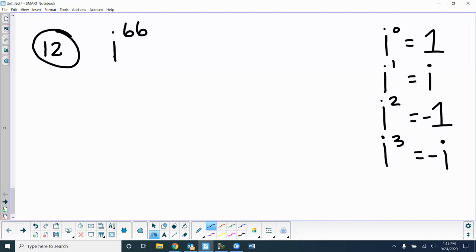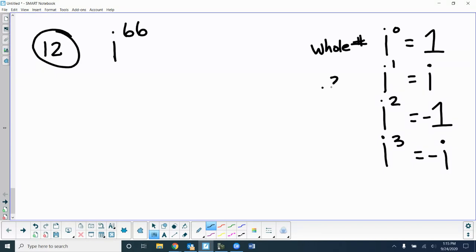Now, if you've got other numbers times it or divide it into it, you're going to have to do some more work. But this one was just an i. Now, if you're doing long division, you look for a remainder of 0, 1, 2, or 3. If you're using the calculator, you're looking for a whole number if there's no remainder.